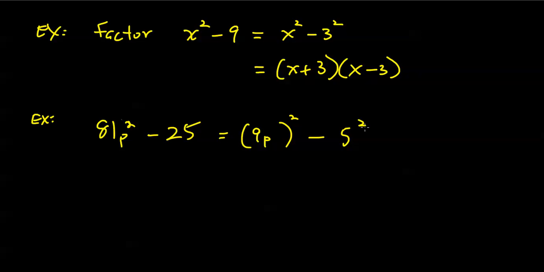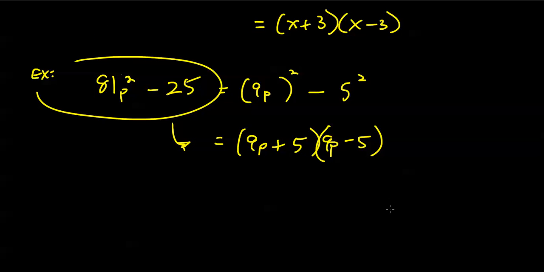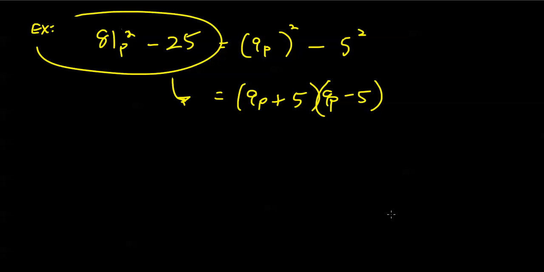Now, I don't really have to be so formal in rewriting it explicitly as a difference of two squares. Hopefully we can recognize the pattern and instantly write down the answer. It's going to be 9p plus 5 times 9p minus 5. So there's our factored answer for that example.